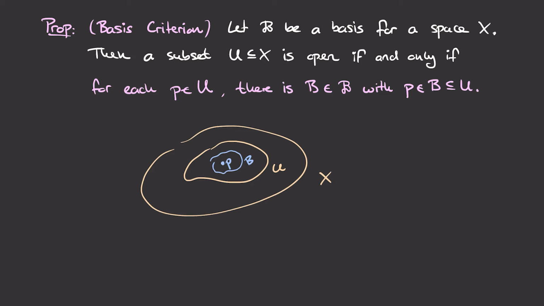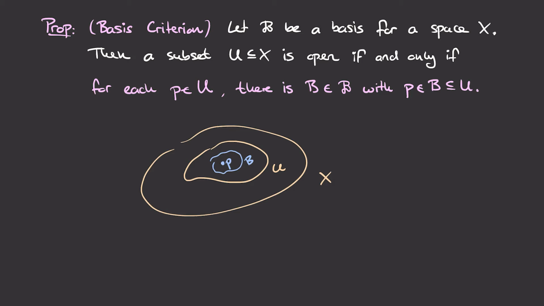In fact, this condition might be familiar to you from working with Euclidean space, where one characterization of the open subsets is that if you take any point in the subset, you can still find an open ball containing that point that lies entirely within the subset.